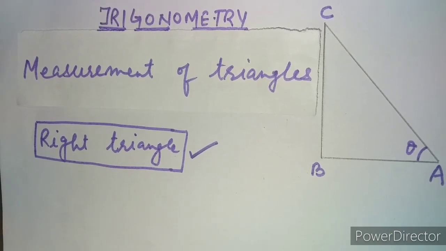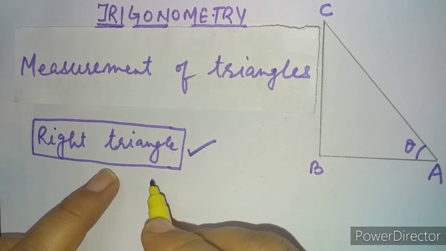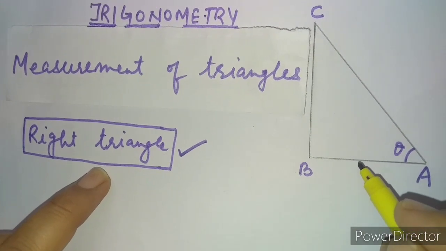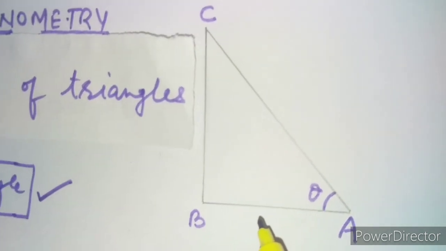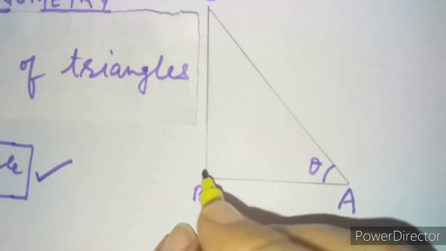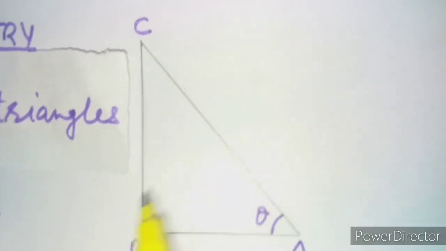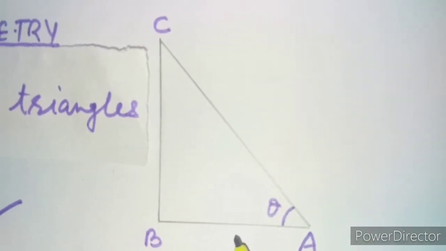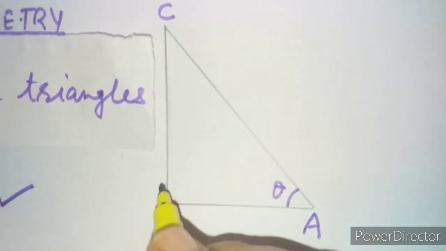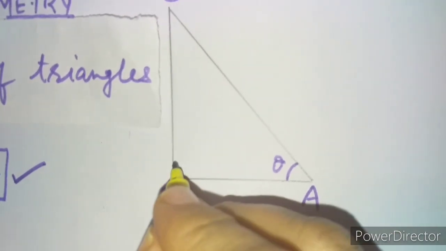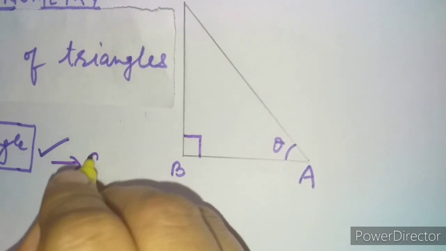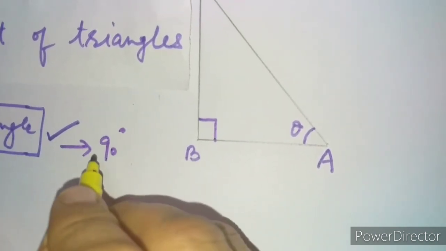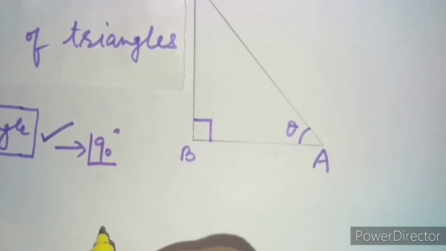Now, when we talk about a right triangle, you should always have something like this in your mind. I have drawn a right triangle for you. A triangle has three sides and three angles, and in a right triangle, one angle is surely 90 degrees.